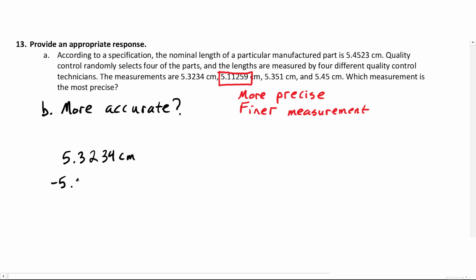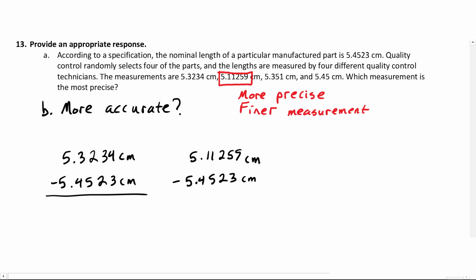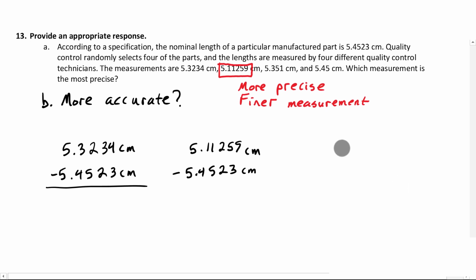So to do that, we can find the absolute error of each by subtraction. If we write out each, we do the subtraction of each just to verify which one has the smallest difference from the true value.